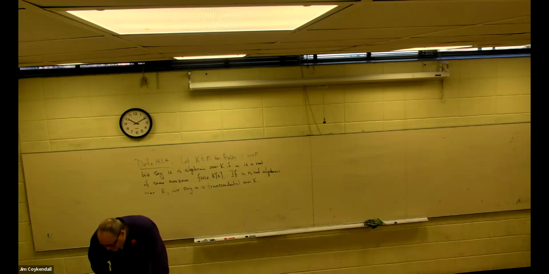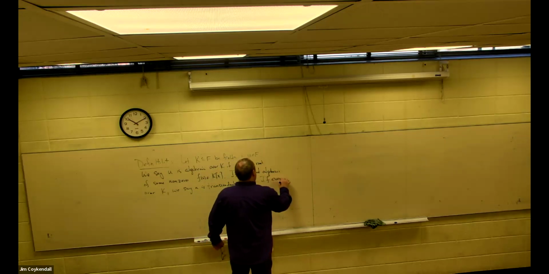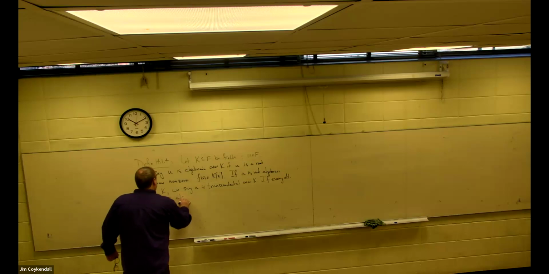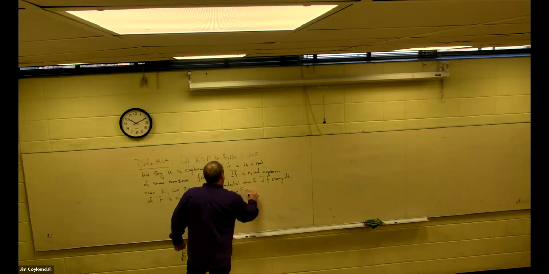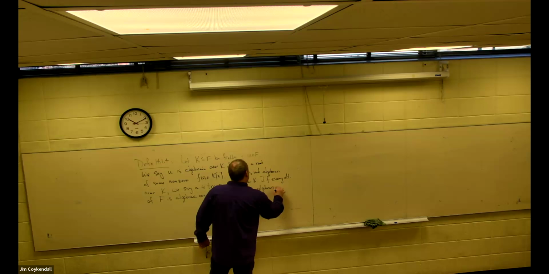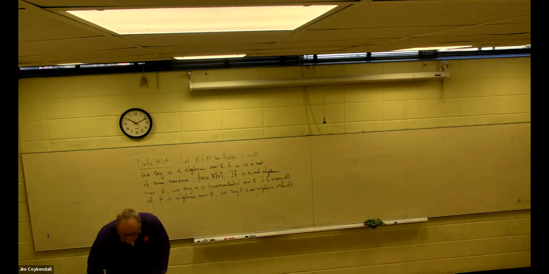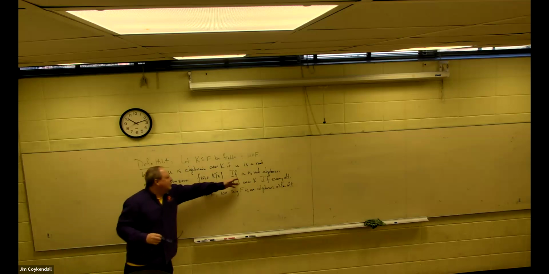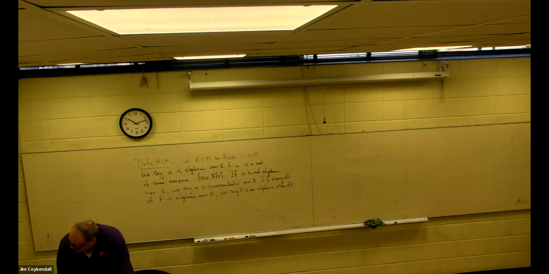If every element of F is algebraic over K, we say that F is an algebraic extension of K. If every element of F is algebraic, then we say that the extension itself is algebraic.